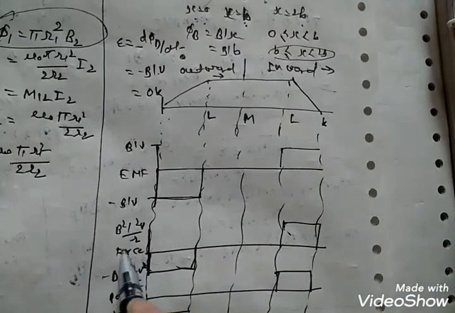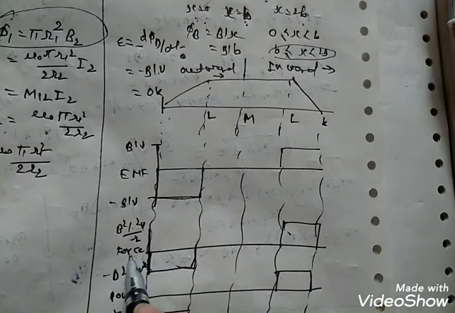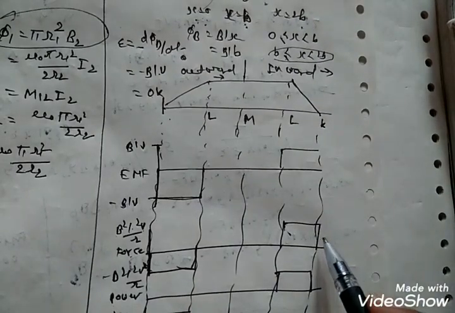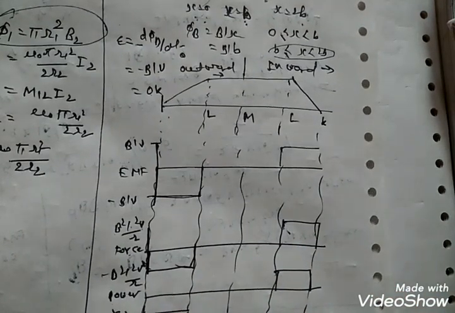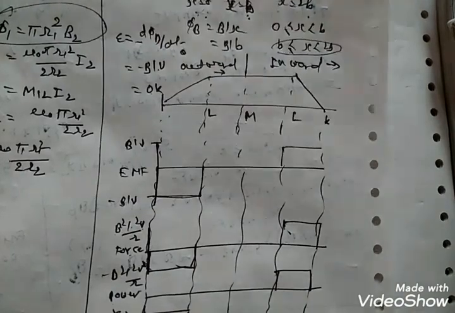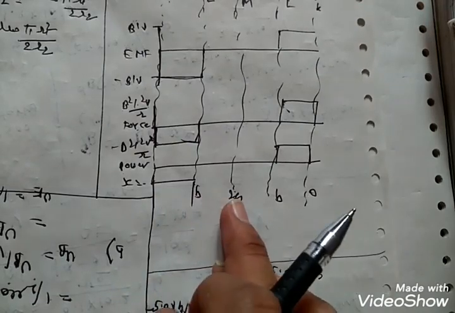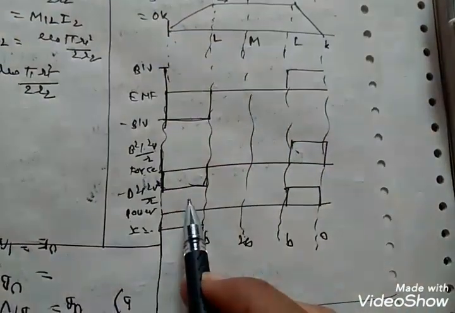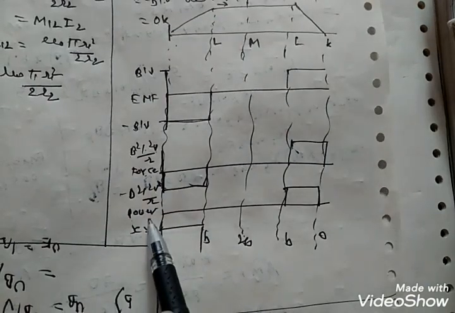So force F is equal to B square L square v upon R. For the other condition it is 0, so here 0, b, 2b, b and 0. So this is the EMF, force and power.